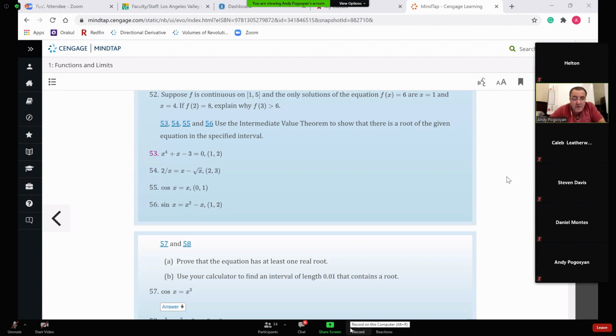54. Use the intermediate value theorem to show that there is a root of the given equation in the specified interval. 54. 2 over x equals x minus square root x. Okay, let's show that.